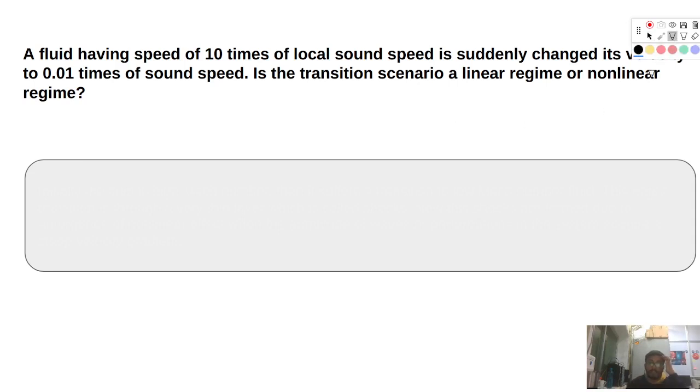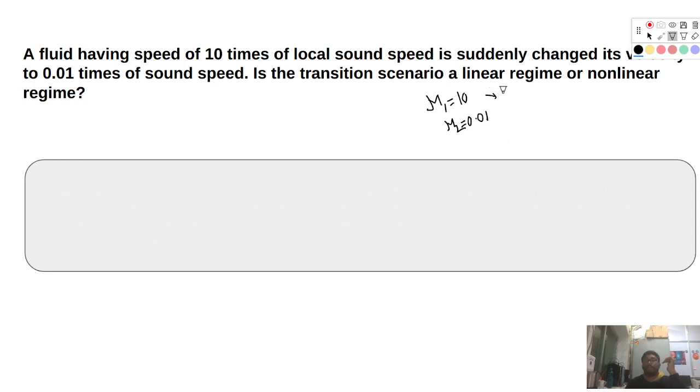So first of all, what we need to understand is that initially the Mach number, let's say M1, is quite high. This is 10, because this is v by cs. And after the transition it is 0.01. So initially it is greater than 1 and then it is less than 1.